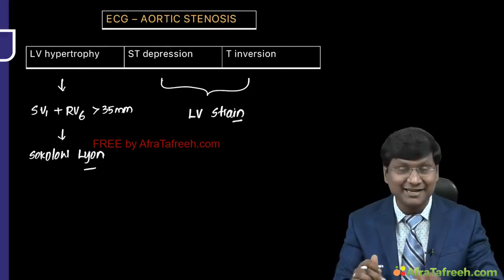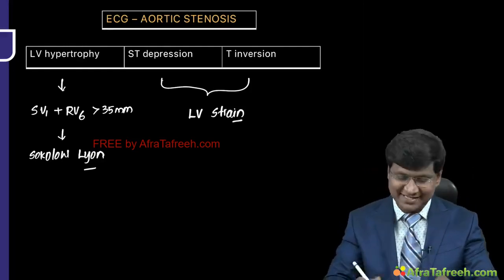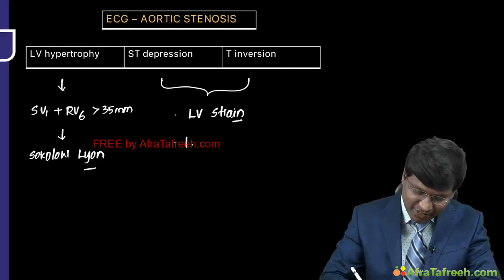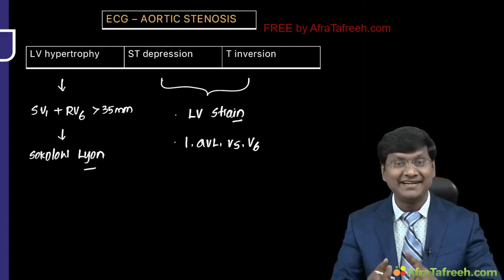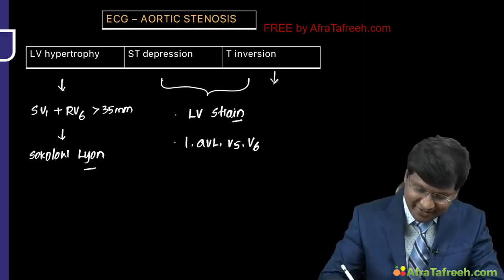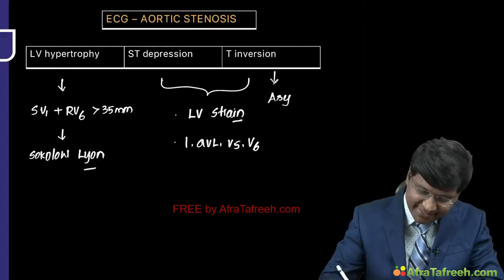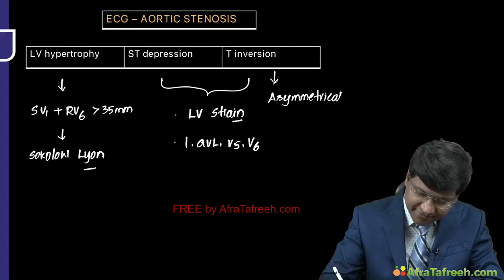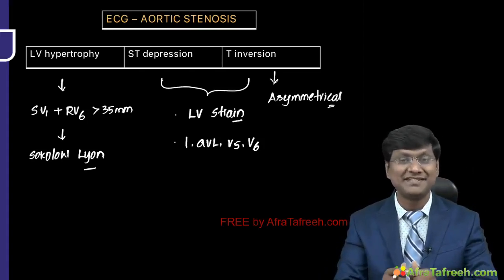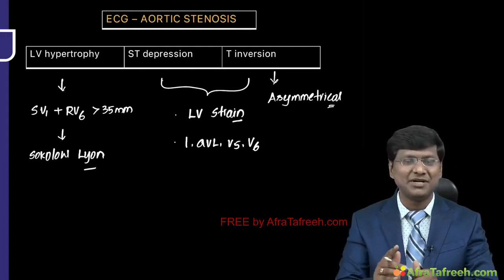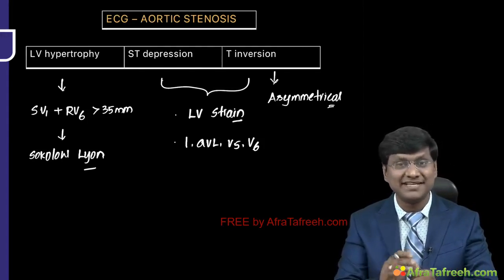And this particular LV strain pattern is mainly seen in lead 1, aVL, V5 and V6. And the T wave inversion will be an asymmetrical T wave inversion. That is what you will observe regarding the T wave. Whereas in which condition will you have symmetrical T wave inversion? Symmetrical T wave inversion you come across most commonly in case of ischemia.